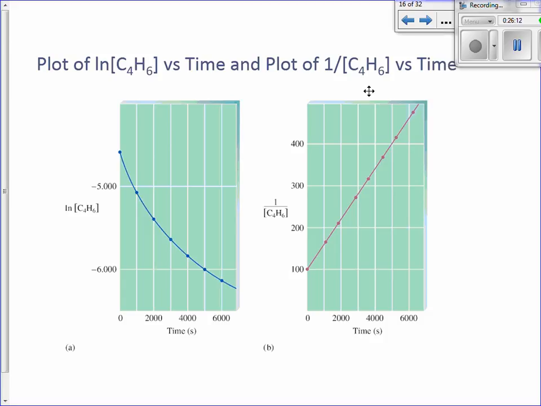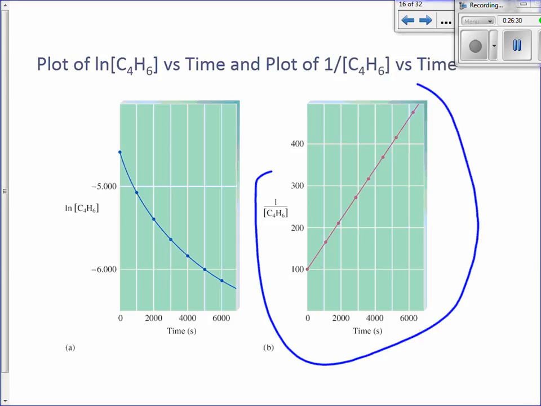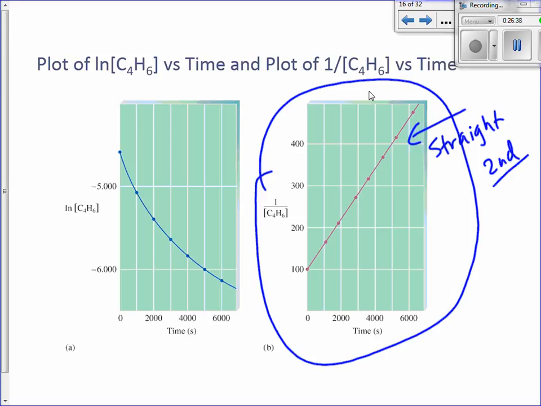So when you're looking at the data versus time, you stick it in your calculator, you put all three in there, and whichever of the three graphs comes out to be the straight line, that's the order. Because the inverse one is coming out to be the straight line here, we're going to know that it's second order.